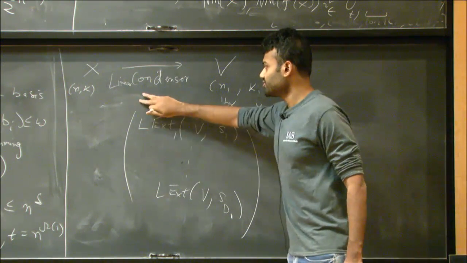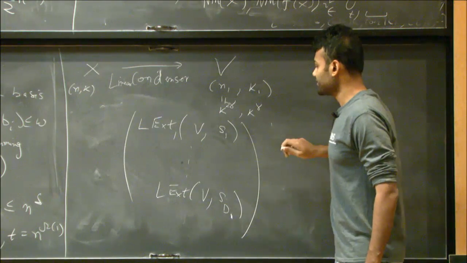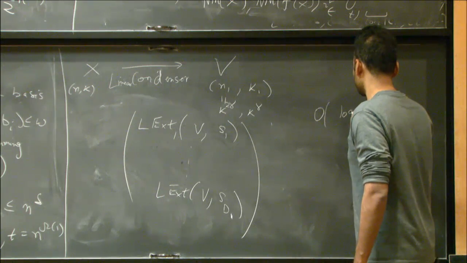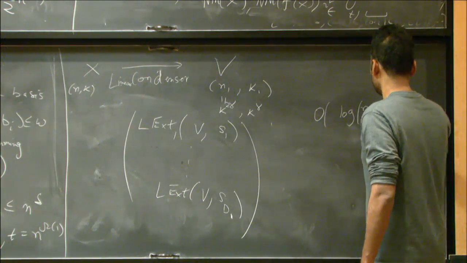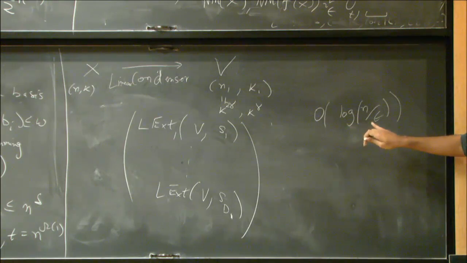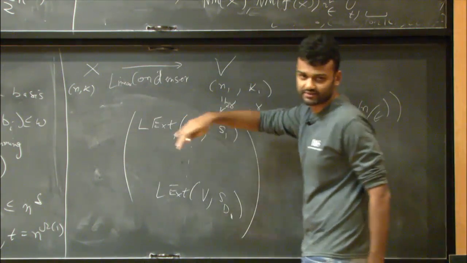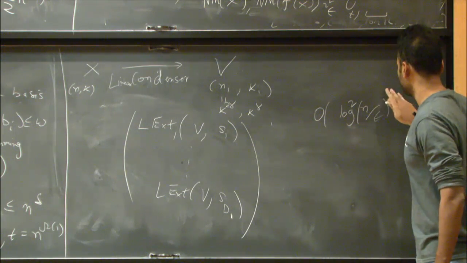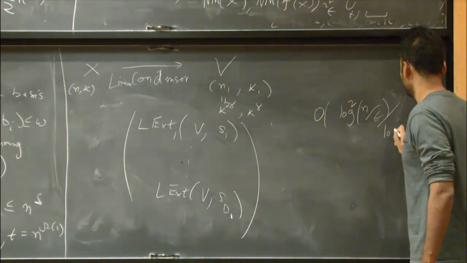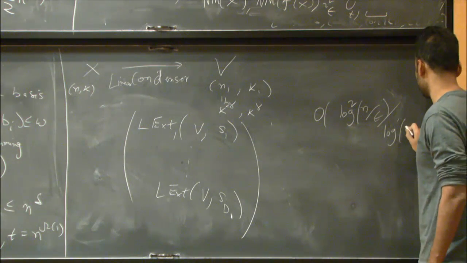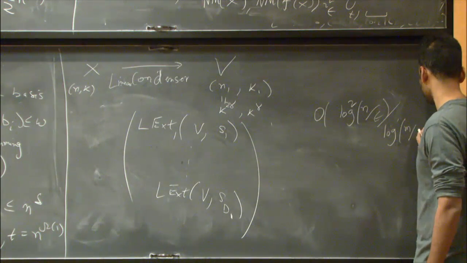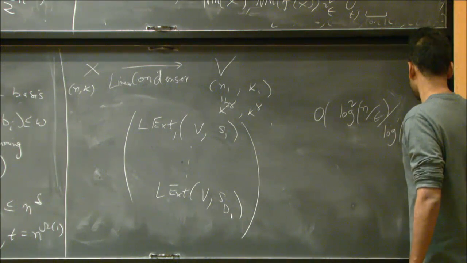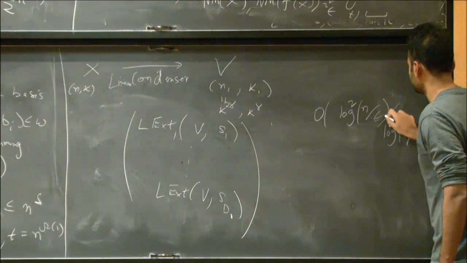And the point of first using a condenser is the fact that the seed length of a normal extractor is log n over epsilon, where n is the length of, say, x, right? And if you want to use a linear seeded extractor, then the best known ones are slightly worse.